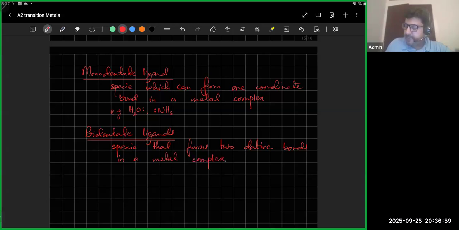And there are two specific examples that are mentioned. One of them is the ethane dioate ion, which is this one.